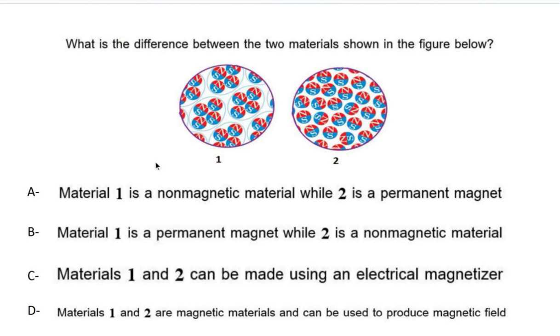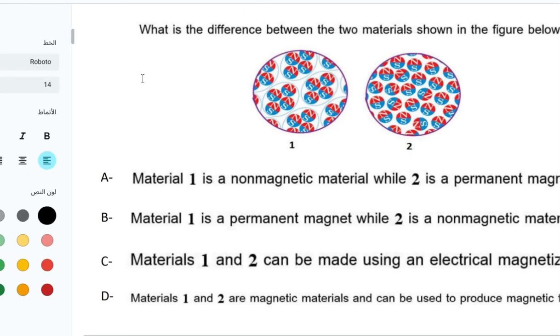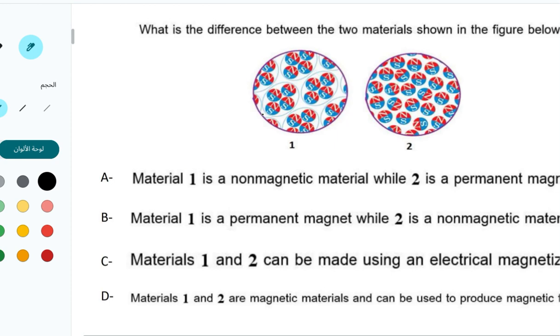Now, again, before we even read the question or look at our choices, let's identify these materials. We can see here that we have magnetic domains all pointing in the same direction. So magnetic domains, they're grouped together, pointing in the same direction.